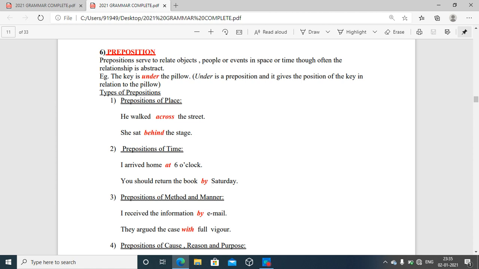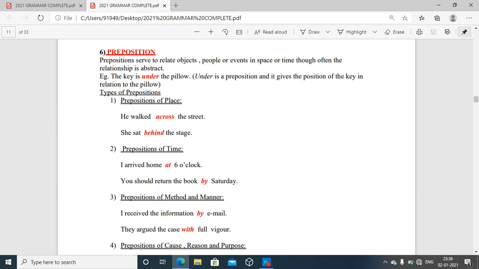Just try to substitute it with something else, like I arrived home across, no, behind 6 o'clock. Nothing, we never use that. So this is the only way we can identify or fill in, if it is given as a question, a suitable preposition just by logic. Okay, to refer to time, it's okay with at or by.